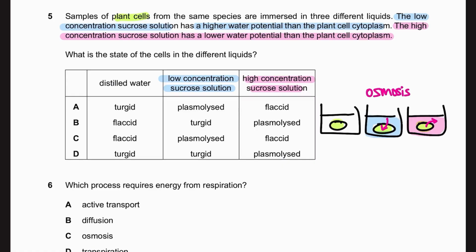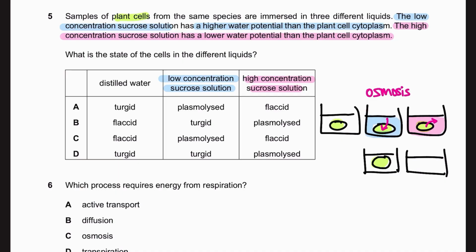Now I want you to think about what the cells actually look like if water has moved in versus moved out. So in the blue test tube, if water has moved in, that cell is going to get completely filled up with water. So it's going to be really fat and pudgy. And that pudginess we call turgid.